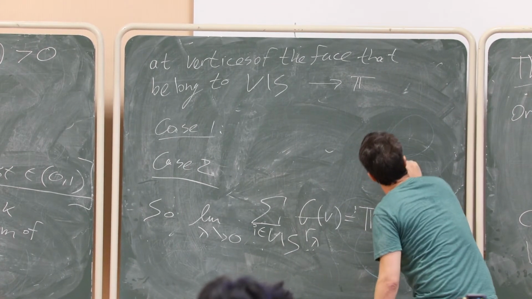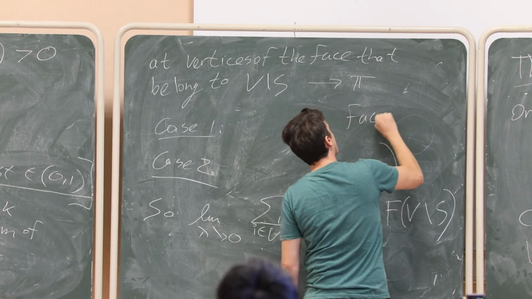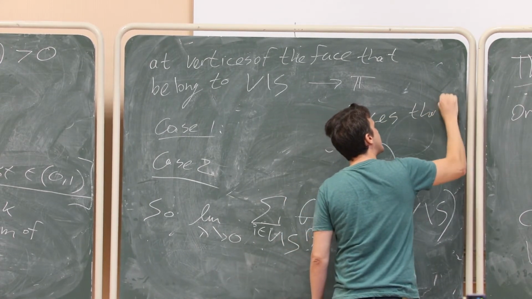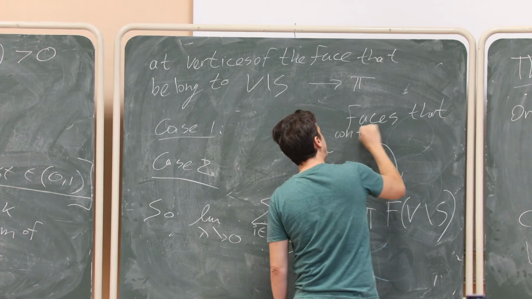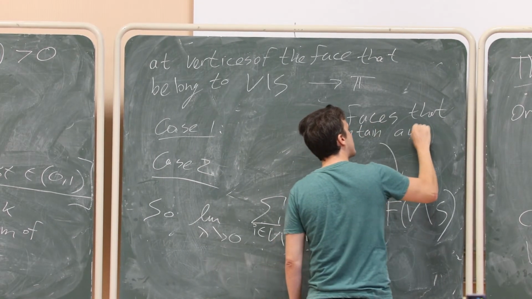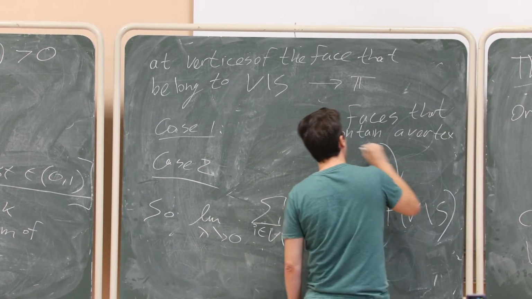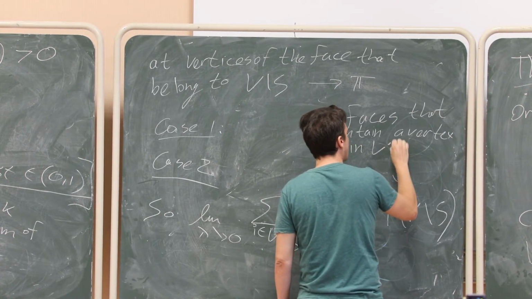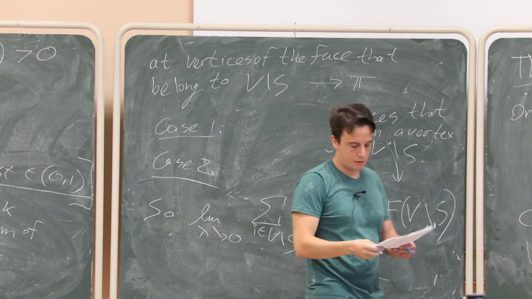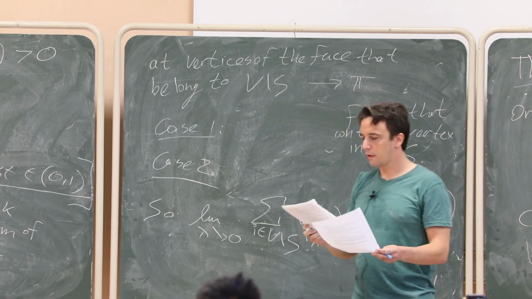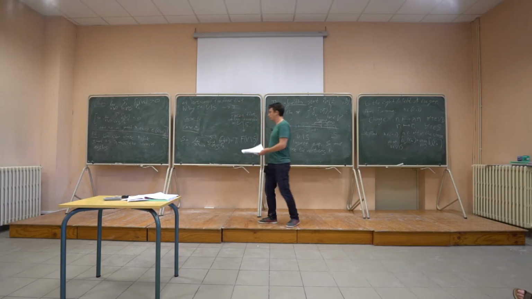This thing is the faces that contain a vertex in V minus S. Right, so this is it. And now let's try and analyze.